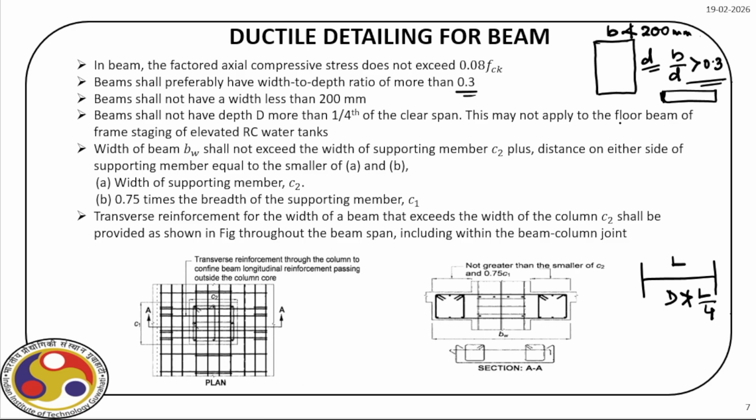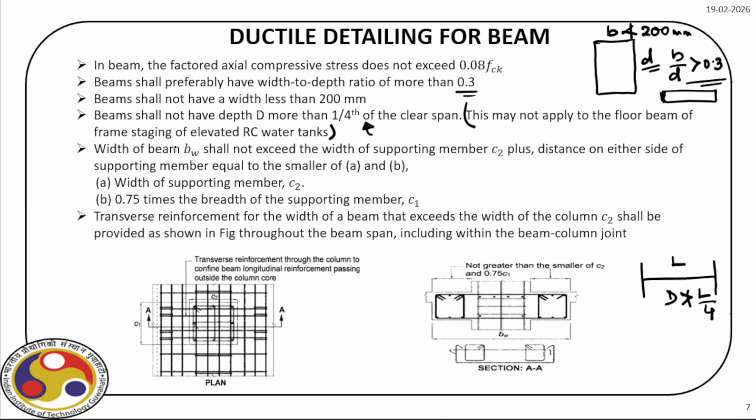This may not apply to floor beams, frame staging of elevated RC water tank, but this is a special case. For the time being, let us not focus. The point is this guideline, and again you see these are the most important guidelines to ensure ductility in the structure that we design.